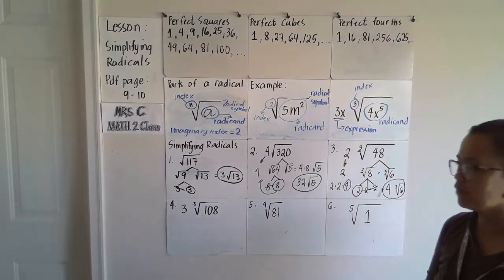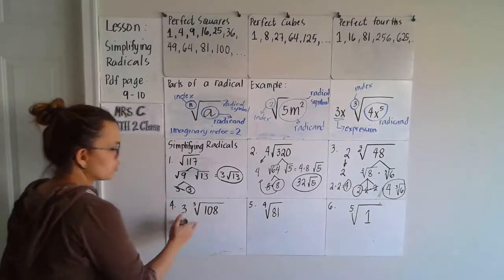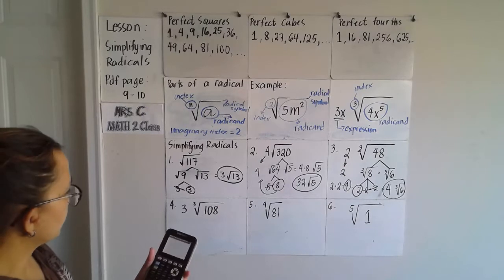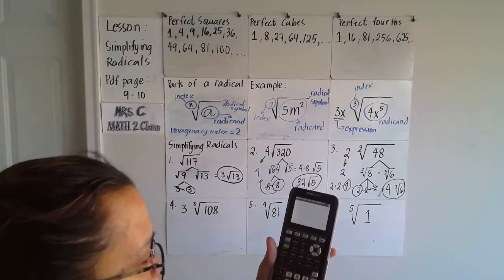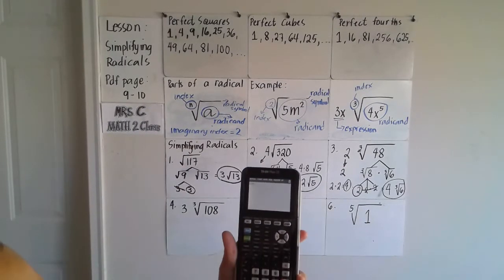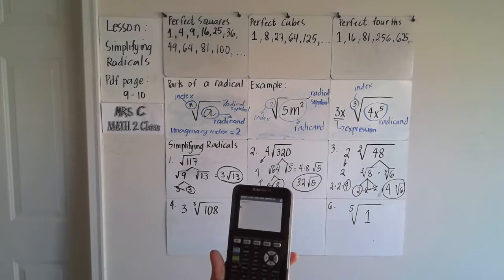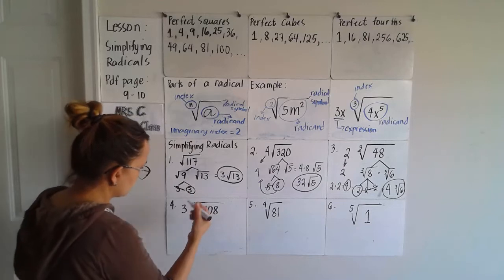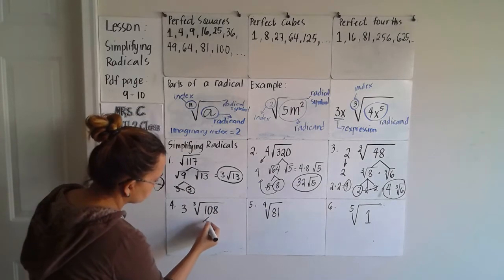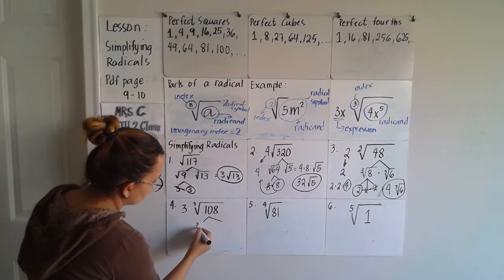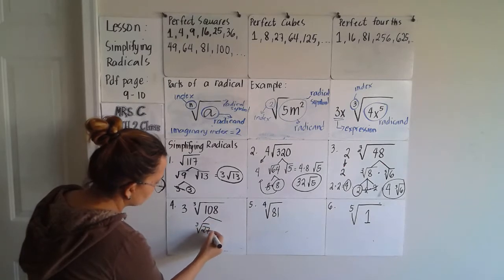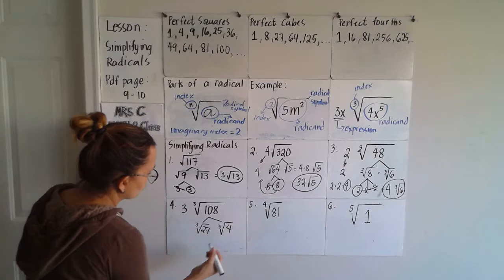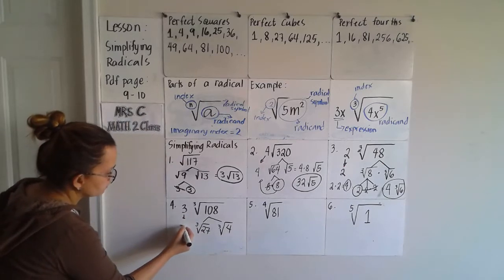Let's proceed to number 4. 3 cube root of 108. I don't know what makes 108 a perfect cube, so we need to think. 108 divided by 27 is 4. All right. So it's just my guess, but my guess is good enough to do this. So cube root of 27 and cube root of 4. So bring down 3 here.